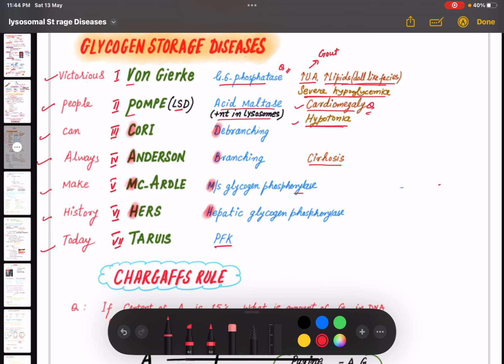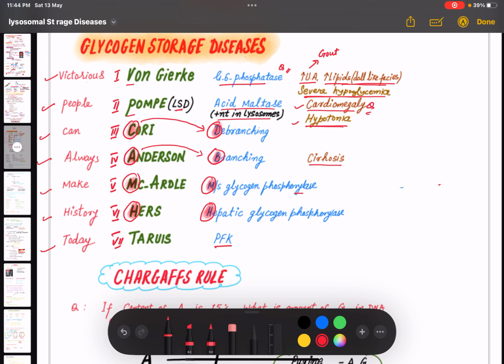Let me tell you how to remember these diseases. Remember a mnemonic, that is A, B, C, D. So very easy. A for Anderson's, B for branching, C for Cori's, D for debranching. Also, this one is easy. M for McArdle's, M for muscle glycogen phosphorylase, H for Hers, H for hepatic glycogen phosphorylase.